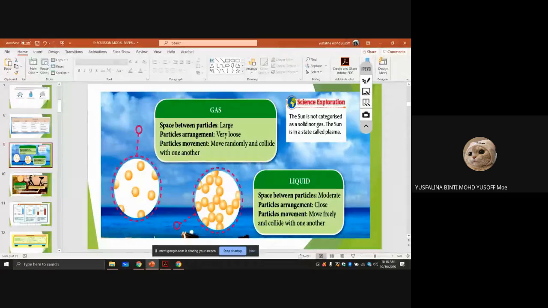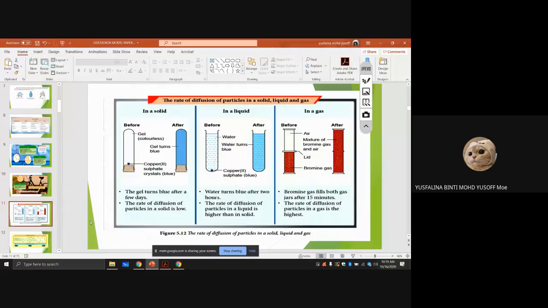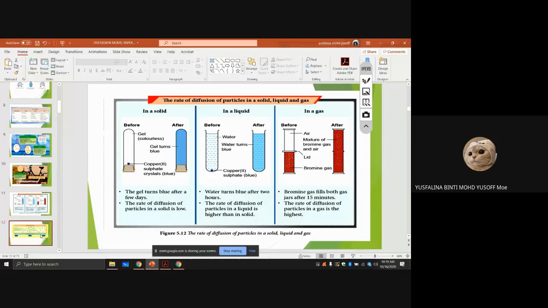Compared to a solid, if you put another particle here, it cannot easily diffuse because there is not much place to go, because their arrangement is very close to each other. So that's why the first one is gas, the second is liquid, and the last is solid, because the space between the molecules in gas is very large compared to these two. Alright, next one.